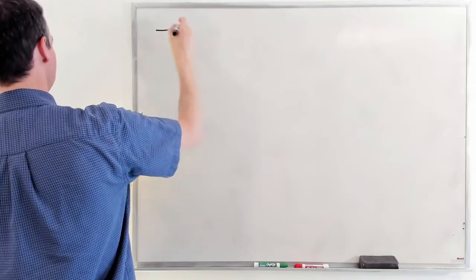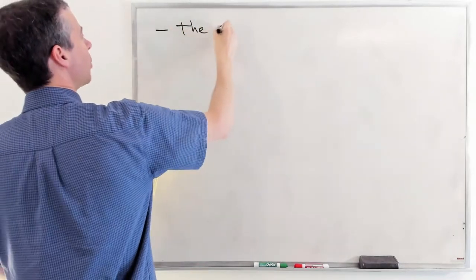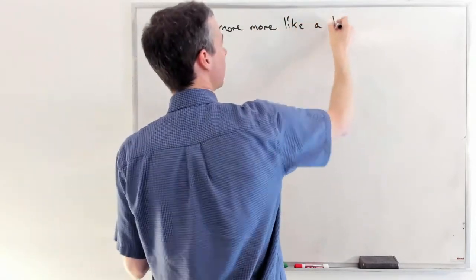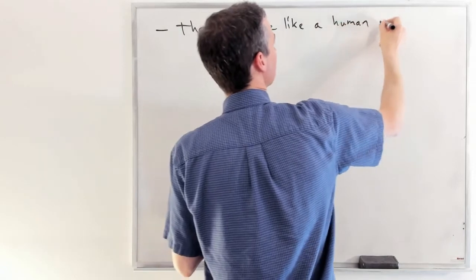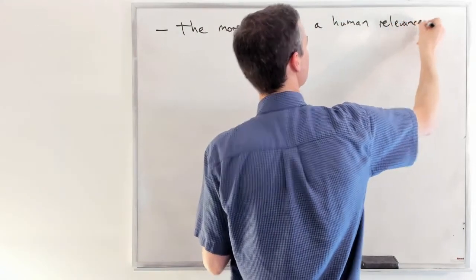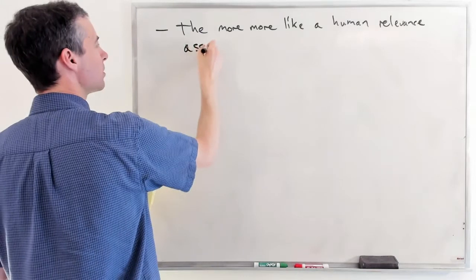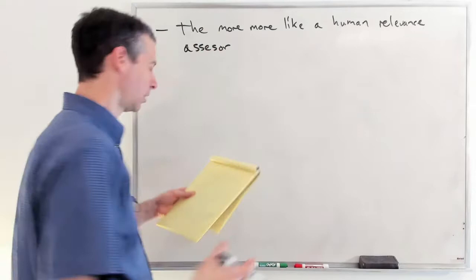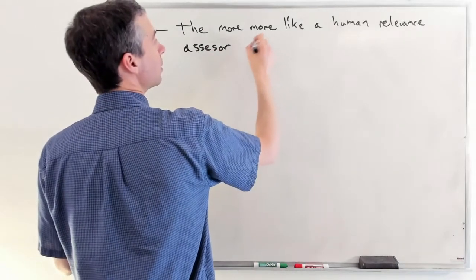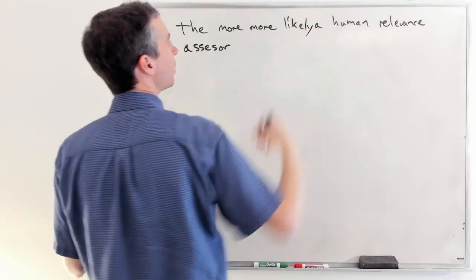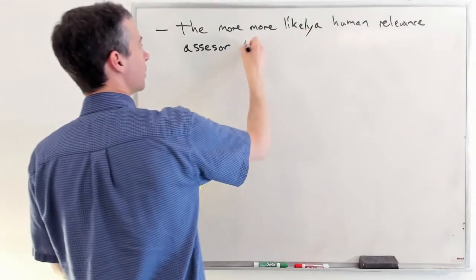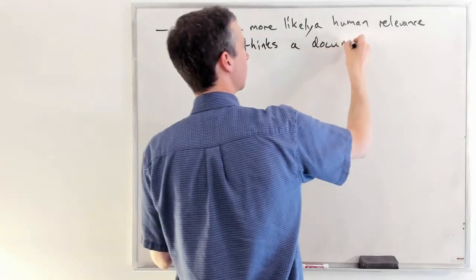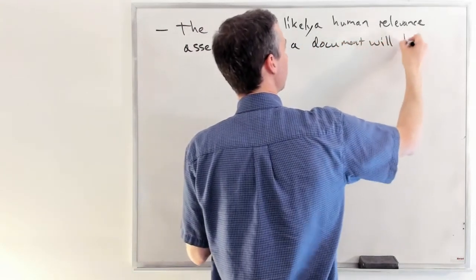Another thing is, the more likely a human relevance assessor, so this is someone we hire to look at a document, the more likely a human relevance assessor thinks a document will be relevant to a user.